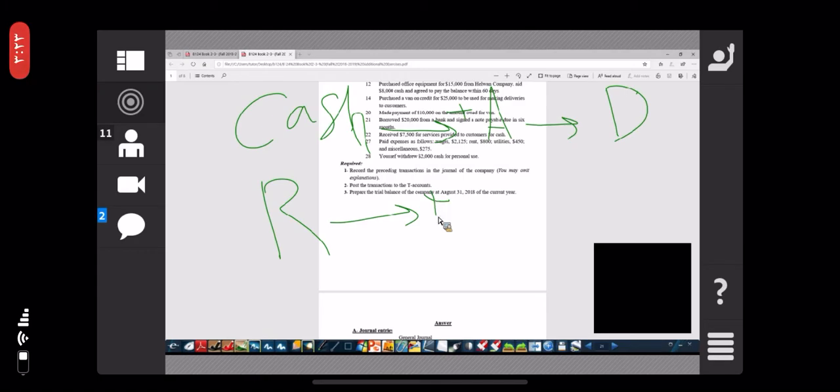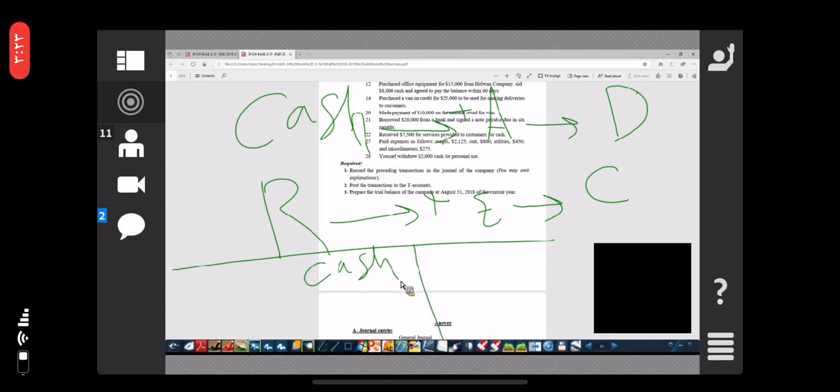Revenue is part of equity, so we will put the increase as a credit. So the journal entry will be what? Cash debit, amount 7,500, and revenue will be credit 7,500.